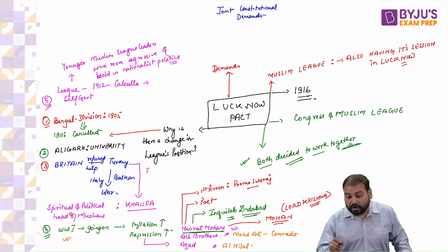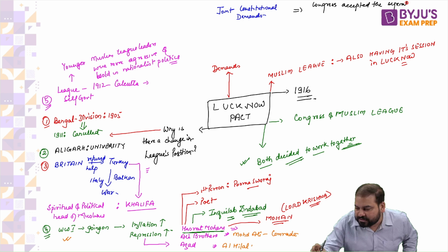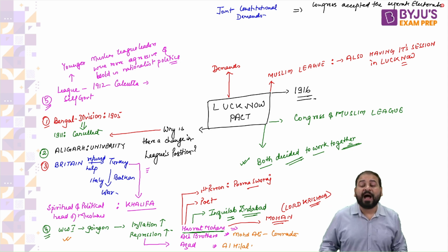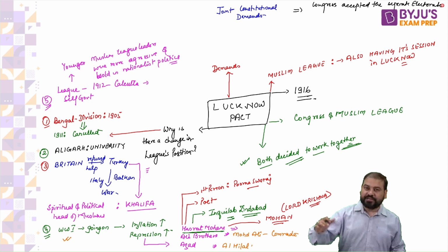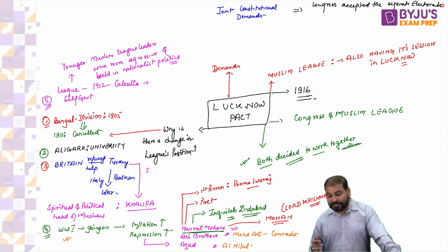But then, guys, all of you see, in return, Congress accepted the separate electorate at this point of time. Please remember, this is a very, very bad and a very wrong decision in some ways, which we will study in our future classes. Congress accepting the separate electorate.